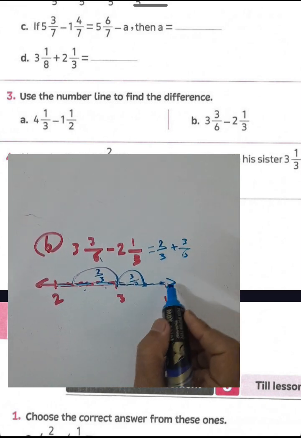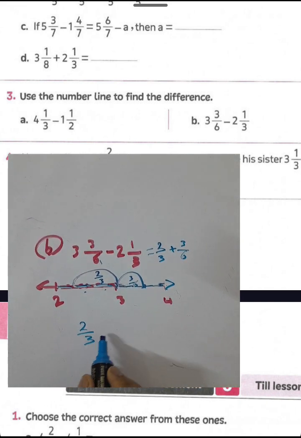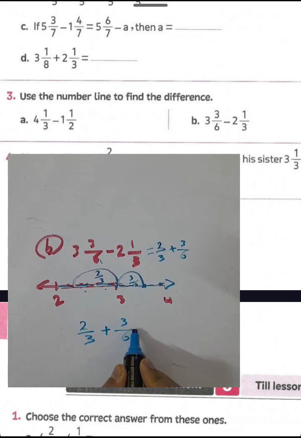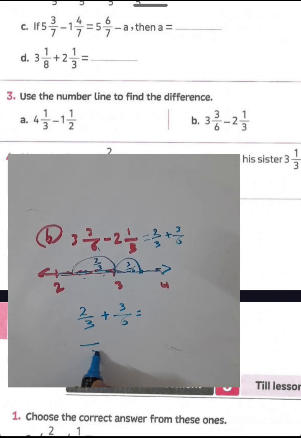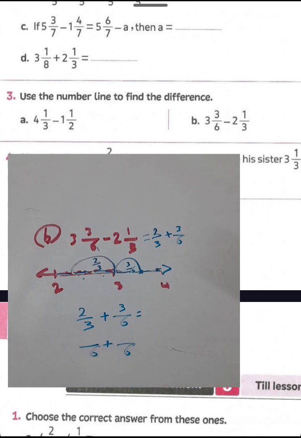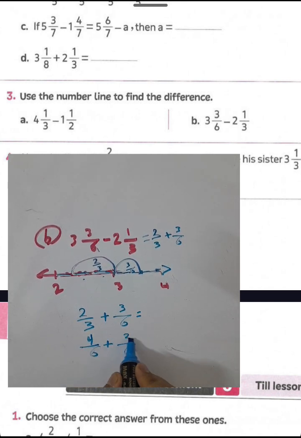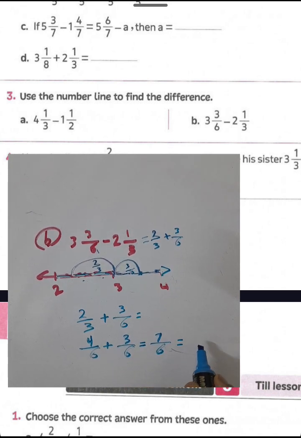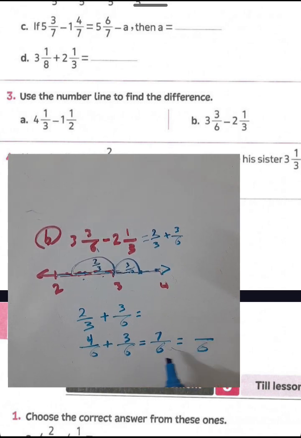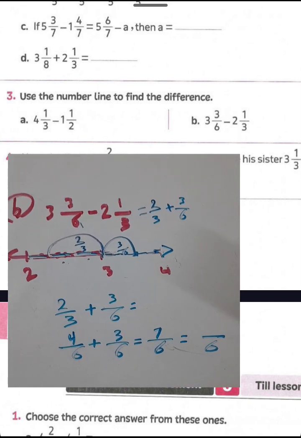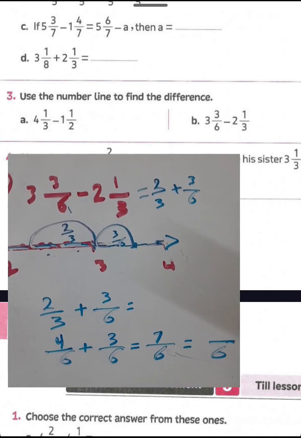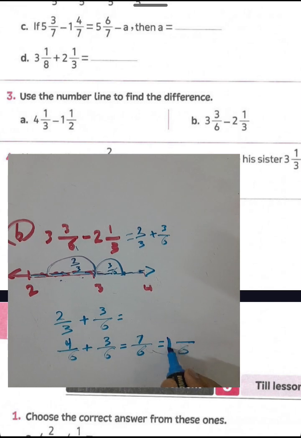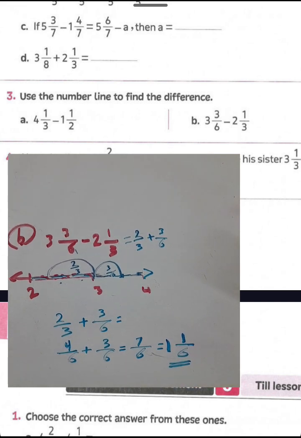Right here, 2/3 plus 3/6, with common denominator 6. Here, 2 times 3 equals 6, 2 times 2 equals 4, and right here 3/6. 3 plus 4 equals 7, and then write 7/6. You can simplify it: 7 divided by 6 equals 1 and the remainder 1. Write 1 here, and the remainder 1. The result will be 1 and 1/6.